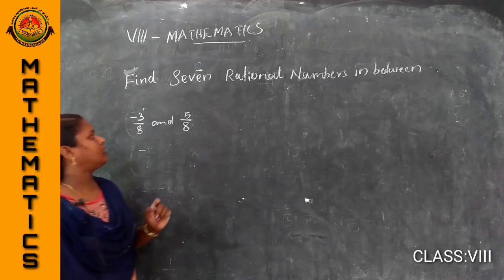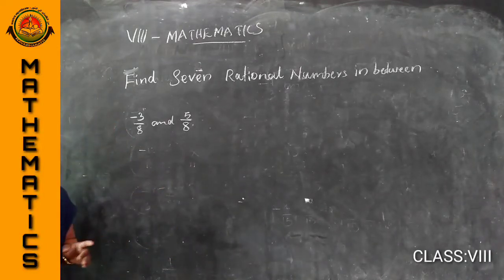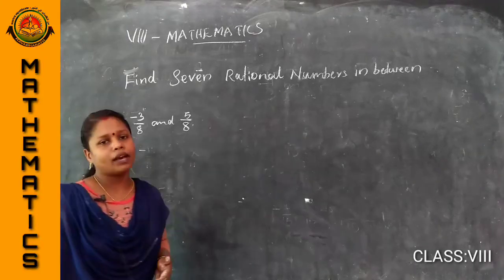Here we need to find 7 rational numbers in between negative 3 by 8 and 5 by 8.